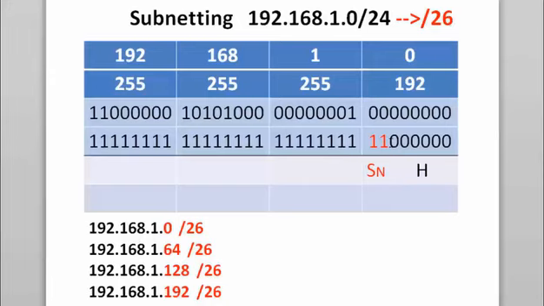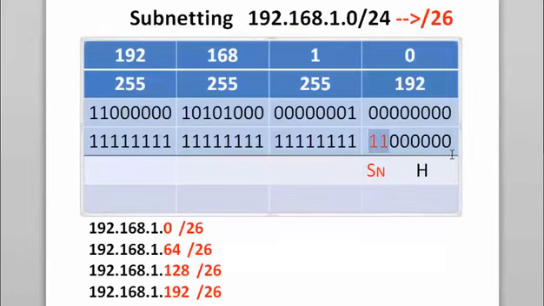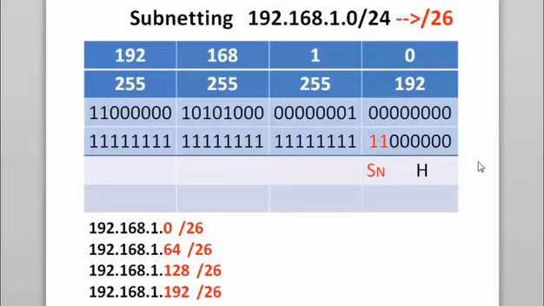I've borrowed 2 bits, so I have 2 to the 2nd power of subnets, effectively 4 subnetworks. For host bits, I have 6 zeros in the host portion of the address, and 2 to the 6th power is 64. Minus 2 for each subnet makes 62 usable hosts per subnet.